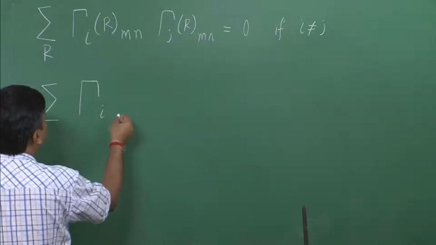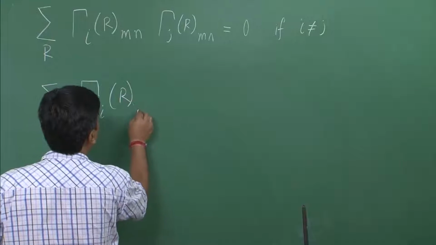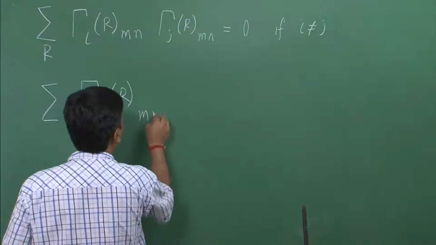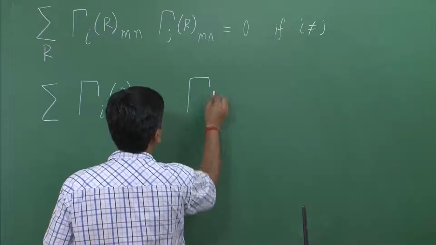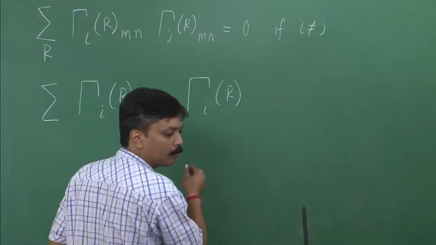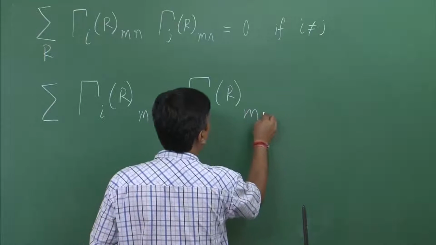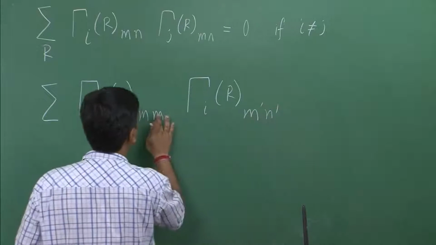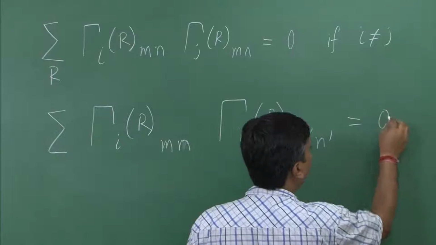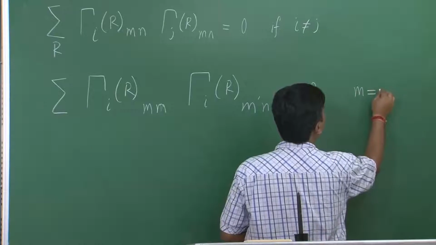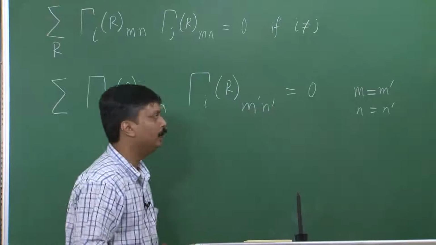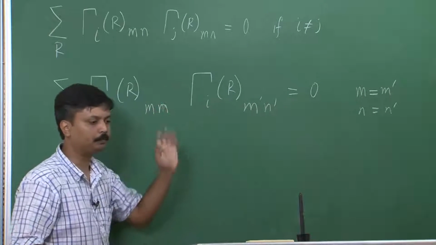So if I choose the same irreducible representation, but say different elements, then this will be 0 unless m equals m prime and n equals n prime. If this doesn't hold, then this part will be 0.